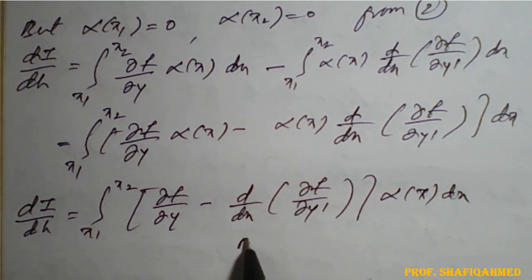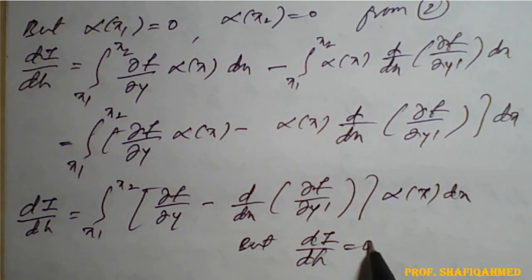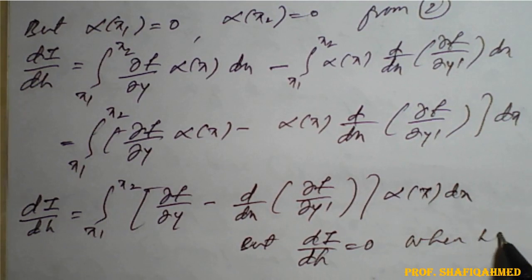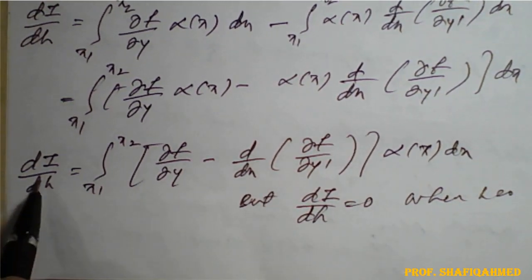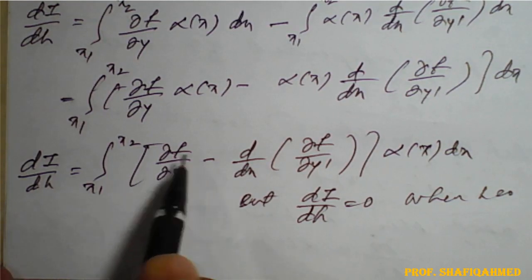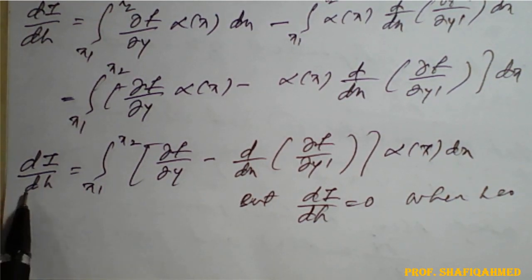So I can say that di by dh is 0 when h is 0. Therefore 0 is equal to the above integral, so the right hand side integral must be 0.